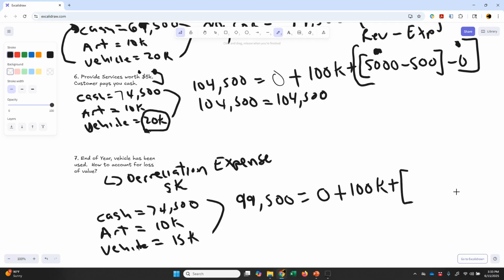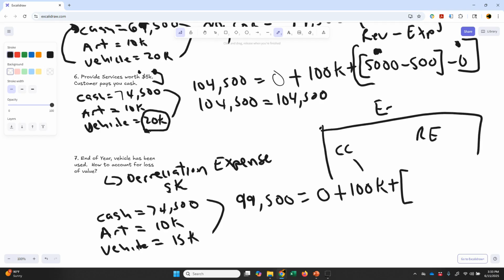Now let's look at the retained earnings. So this is the contributed capital. And again, this entire thing from here to here is our equity section. This is the liabilities. This entire part is our equity. Okay, so we had one part of equity, which is contributed capital. The other part is retained earnings. And so we had $5,000 of revenue from this number 6 here.